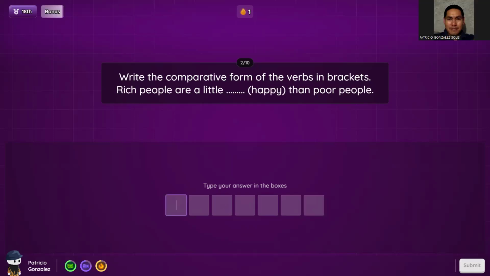Next, one more, my dear Fabi. Write the comparative form of the verbs in brackets. Rich people are a little happier than poor people. H, A, P, P, I, E, R. Just, my dear Fabi and my dear students, in this case the words in parentheses are not verbs.